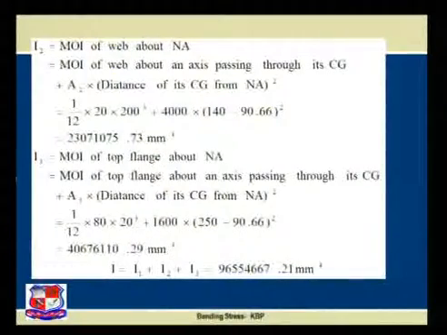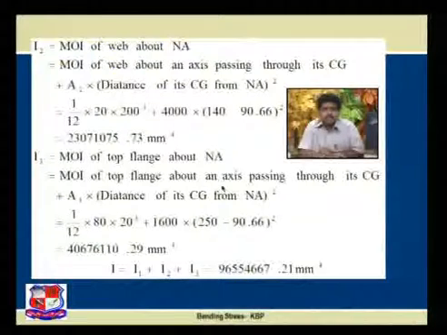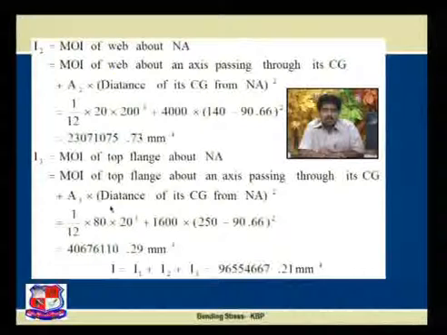Now next, I3 is the moment of inertia of the top flange about the neutral axis, that is the moment of inertia of the top flange about an axis passing through its CG plus A3 into H3 square, the distance of CG from the neutral axis square.